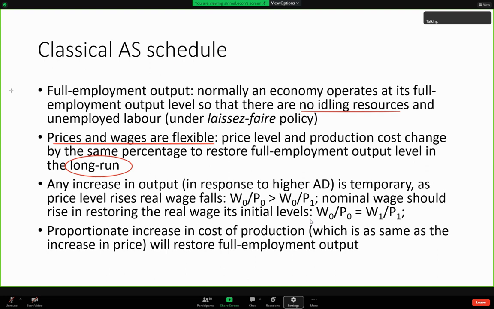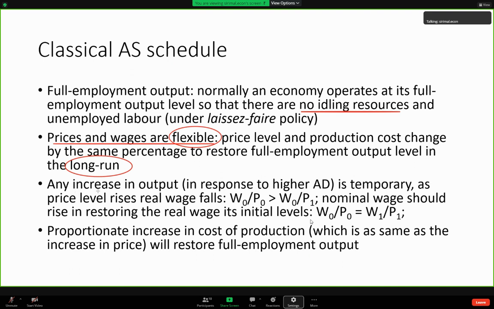But it does not actually settle their dispute, because there is deeper analysis that you need to carry out in order to see how they continue to be different from each other. We are not going that far with this analysis because our purpose is different. So the prices and wages are flexible in the long run.